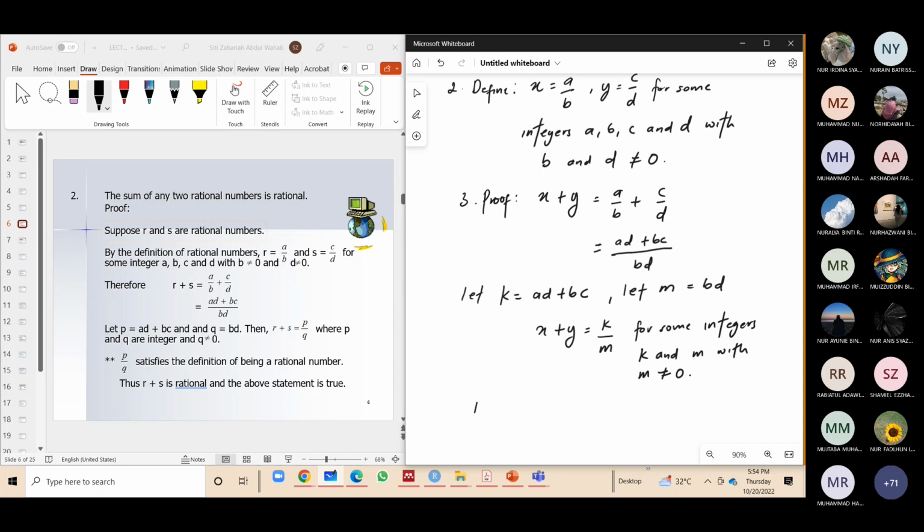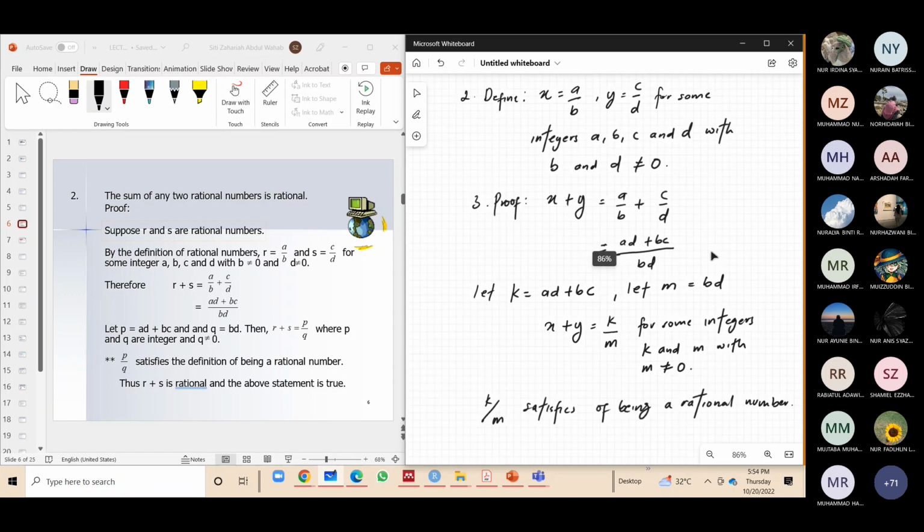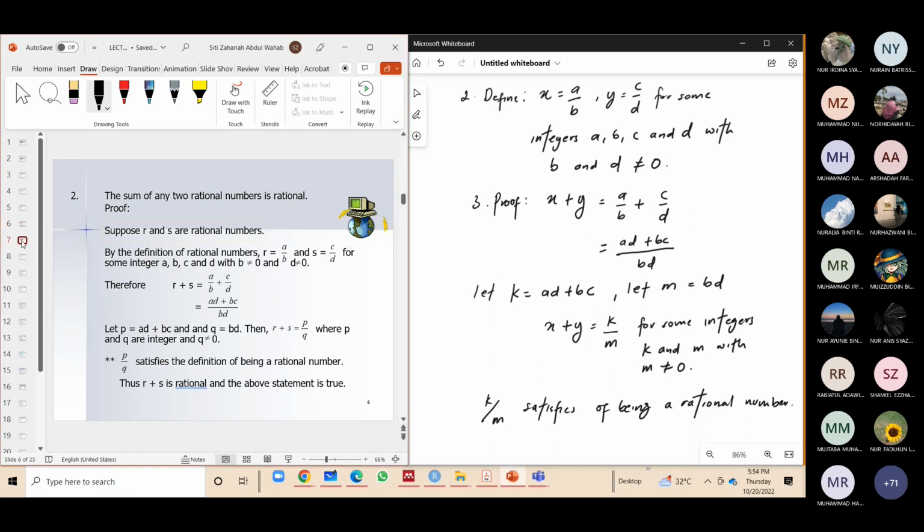So here you can write a short conclusion: k over m satisfies being a rational number. Okay? Are you okay, guys? Okay, madam. All right. Next.